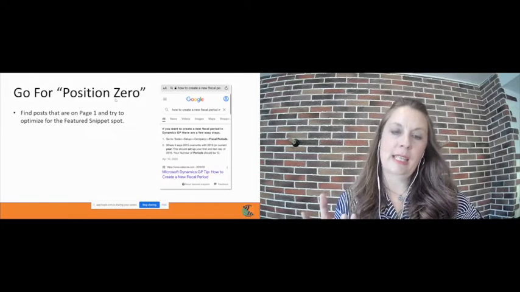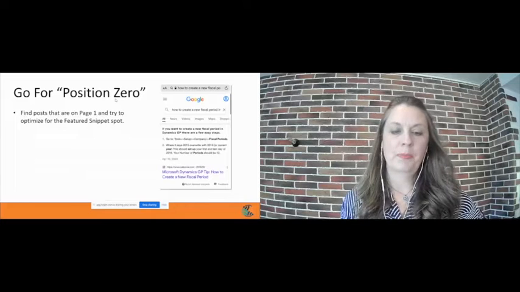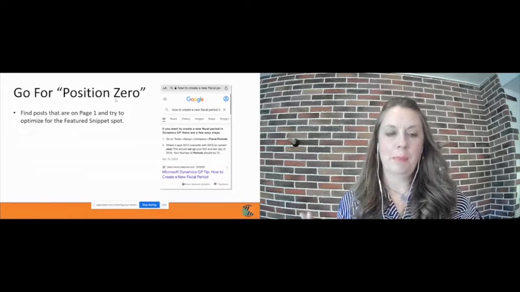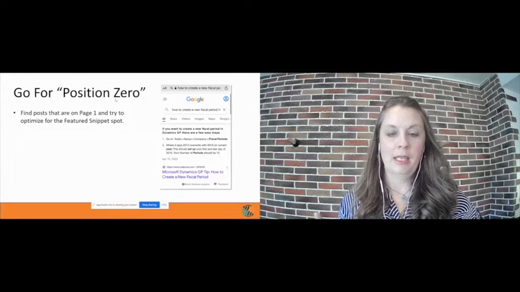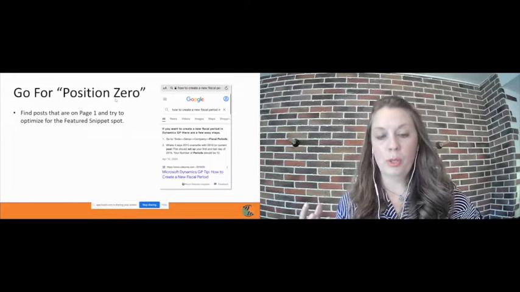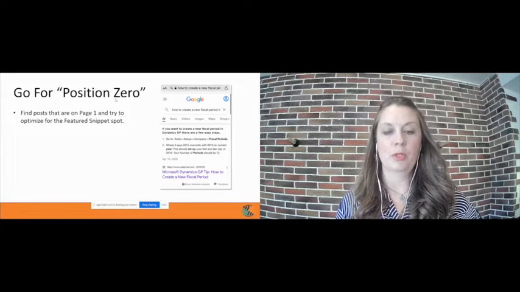So here's the interesting thing about featured snippets that show up at the top before the search results. You can earn a featured snippet spot even if your content isn't ranked in the #1 spot. In fact, Google often pulls featured snippets from results that are ranked anywhere on page 1 of the search results.